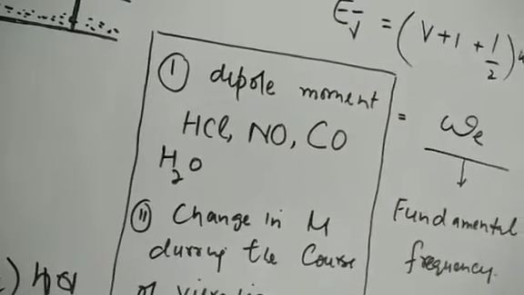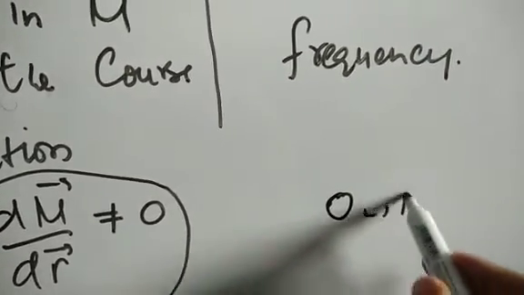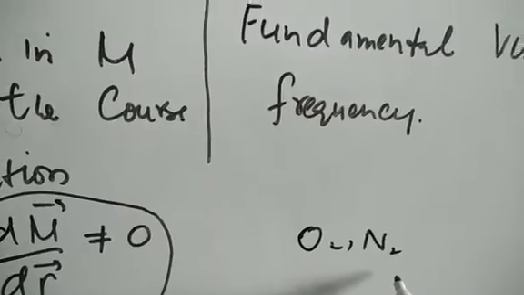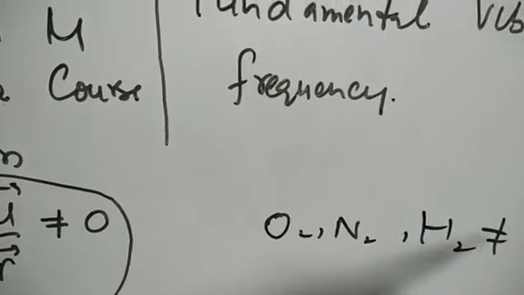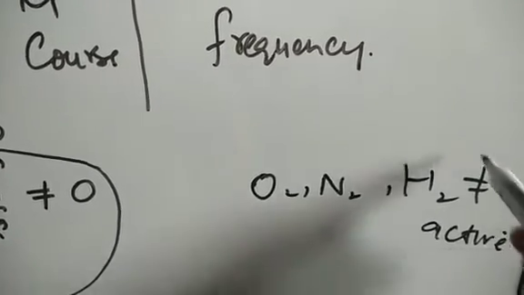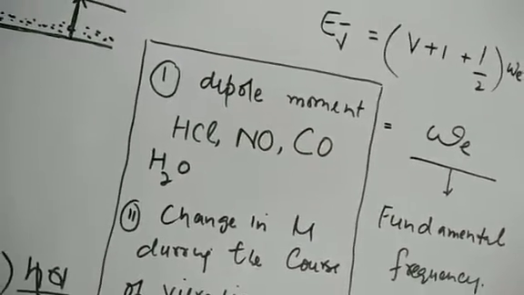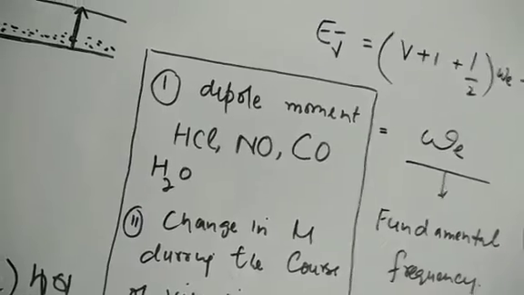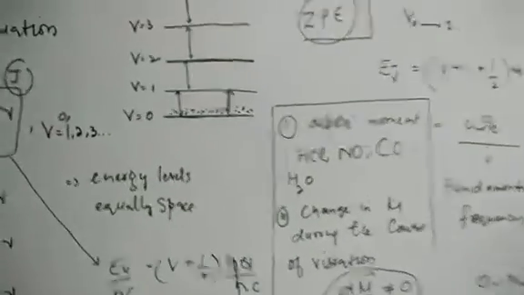So homonuclear diatomic molecules will absolutely not be active in the IR, like O2, N2. You can take examples like H2. So they will not be active in the IR spectroscopy. Fine. This is all about the basics of the IR spectroscopy, the energy of the IR spectroscopy.